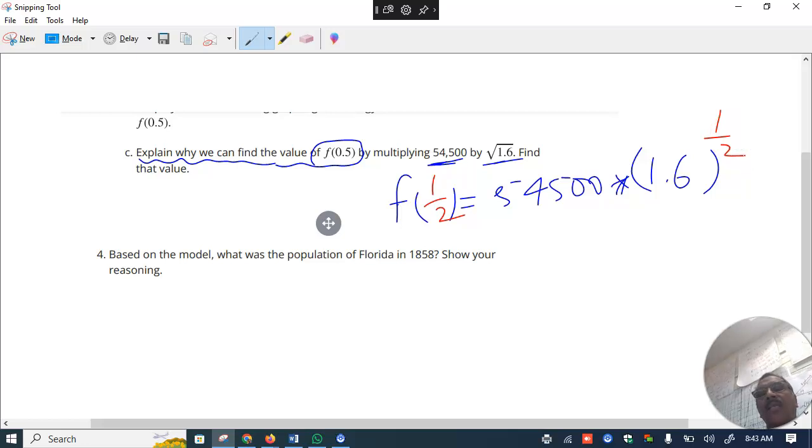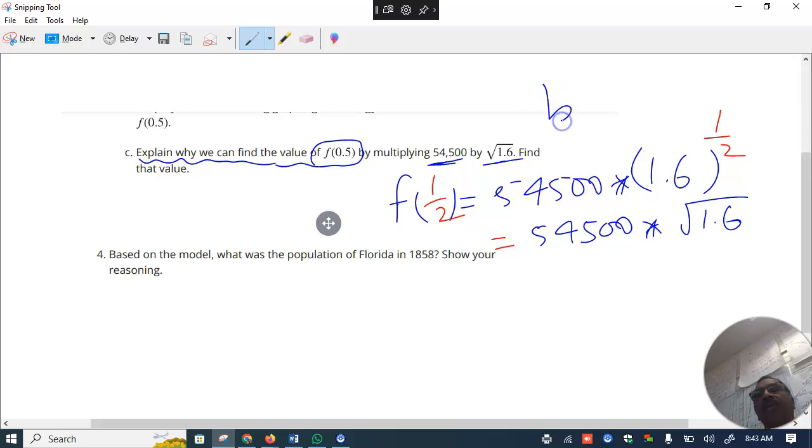And we know that is the same as writing 54,500 times the square root of 1.6, which we have already seen in the first section 3.1. So b raised to half is the same as the square root of b. So that's why it's as good as multiplying this and getting the answer.